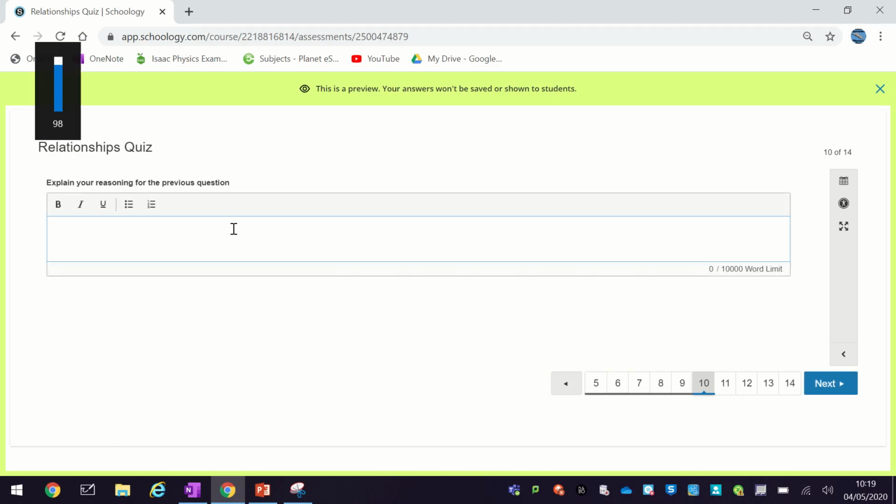So the reasoning here. The first thing I saw is that when I doubles, D roughly doubled as well. So that was my clue that I was looking for.